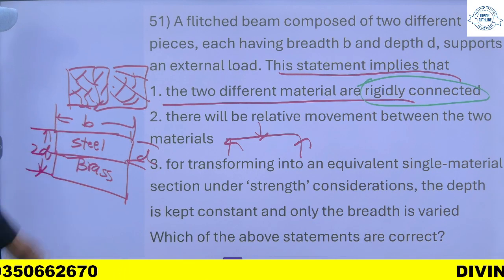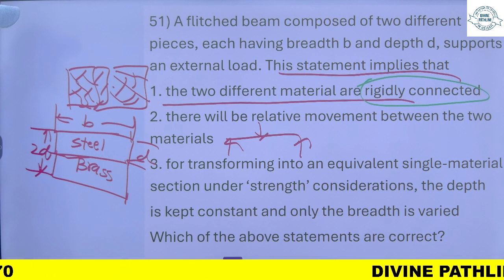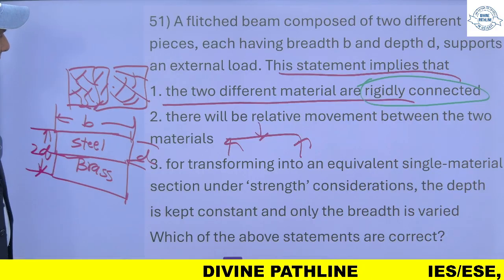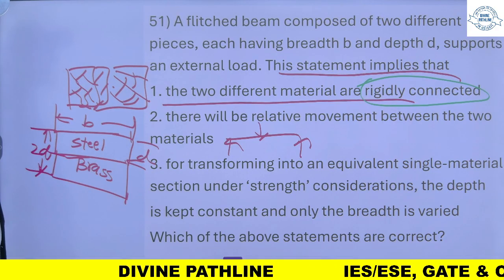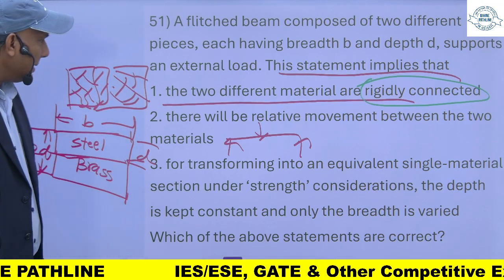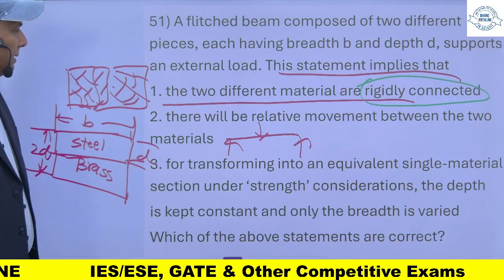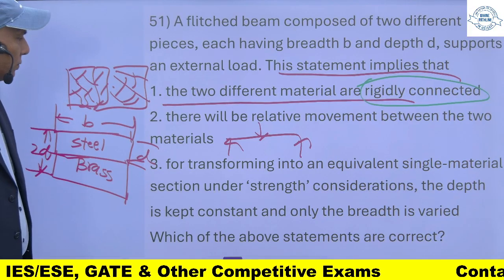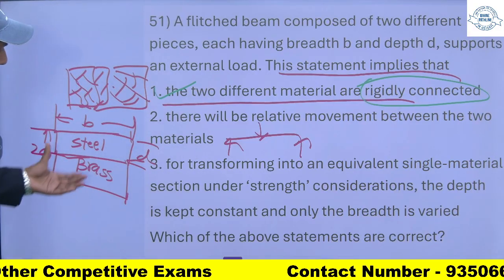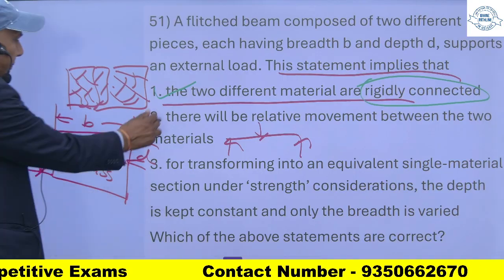They will not bend independently. So it will behave as a single unit. So what does that mean? The two different materials are rigidly connected, so there will be no relative movement between the two. They will behave as a single unit.